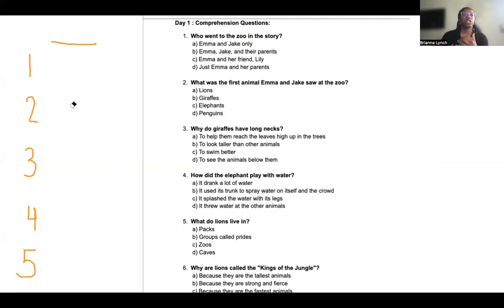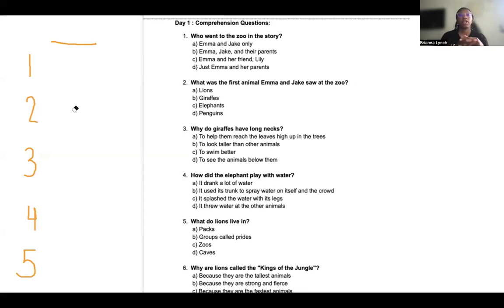Before you read the story, you should totally read the questions first, because that will help you connect what you are reading, and then you'll be like, oh, that was the answer to that question. Oh yeah, I remember reading that question. That is what's going to help us make those connections.